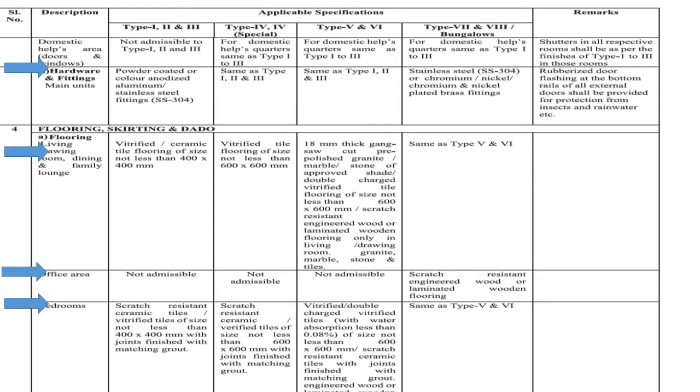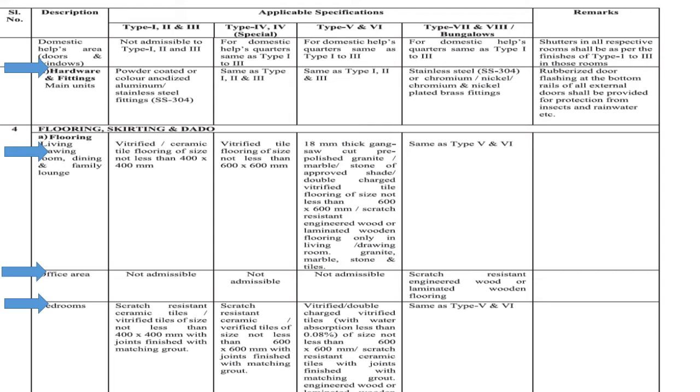See here, unlike the specification from the plinth area rate 2019, for type 1, 2, 3 quarters, the flooring is vitrified tiles or ceramic tiles, but type 5 and 6 is 18mm thick polished granite.